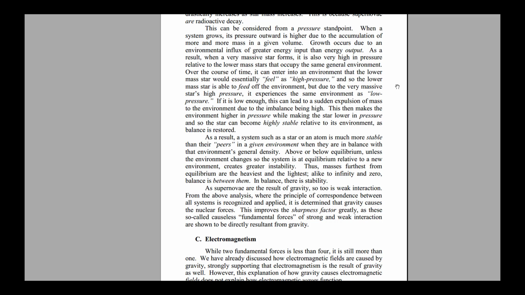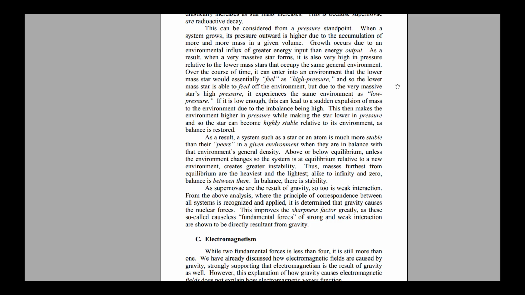Over the course of time, it can enter into an environment that the lower mass star would essentially, quote, feel as high pressure. And so the lower mass star is able to feed off the environment. But due to the very massive star's high pressure, it experiences the same environment as low pressure.